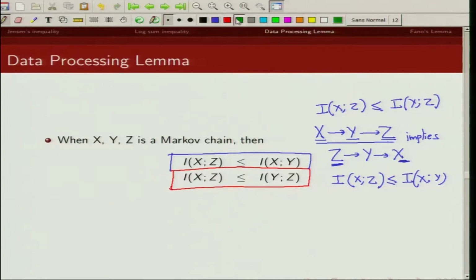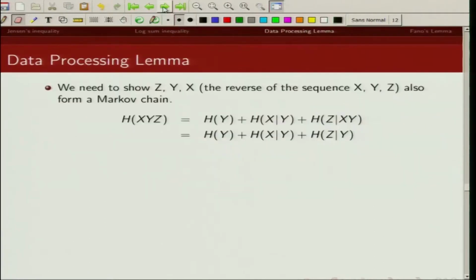So to prove this result, it is sufficient to prove that if x, y, z form a Markov chain, it implies that z, y and x also form a Markov chain. So we will show now that if x, y and z form a Markov chain, then z, y and x will also form a Markov chain.